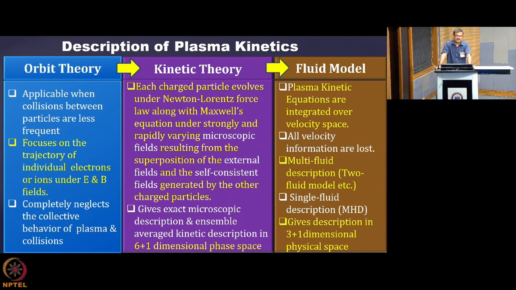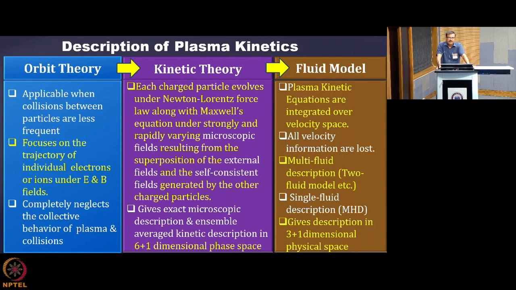So next comes the kinetic theory. In this kinetic theory, it is basically an exact description of the kinetics of the particles contained within a plasma. Here, each charged particle evolves under the Newton-Lorentz force equations along with Maxwell's equations, under the strongly and rapidly varying microscopic field resulting from the superimposed external field and a self-consistent field generated within the plasma by the other charged particles.